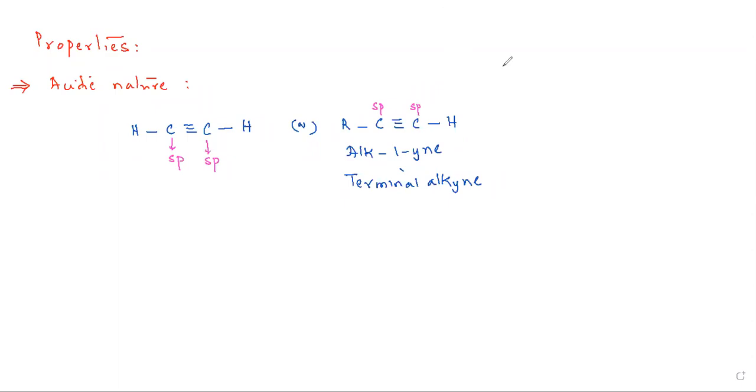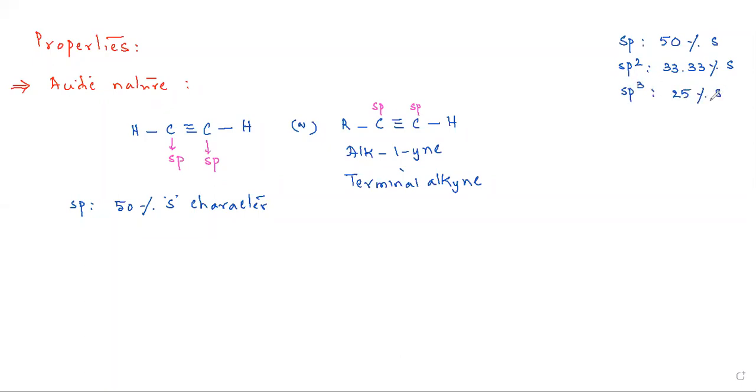When you consider an sp hybridized carbon, the sp hybridization will have 50% s character, right? Consider sp with 50% s character, sp2 with 33.33% s character, then sp3 with 25% s character, right?